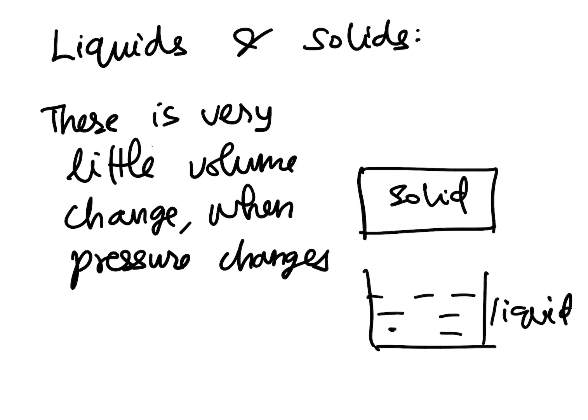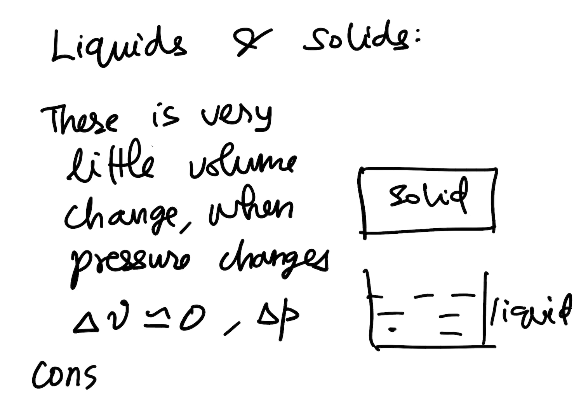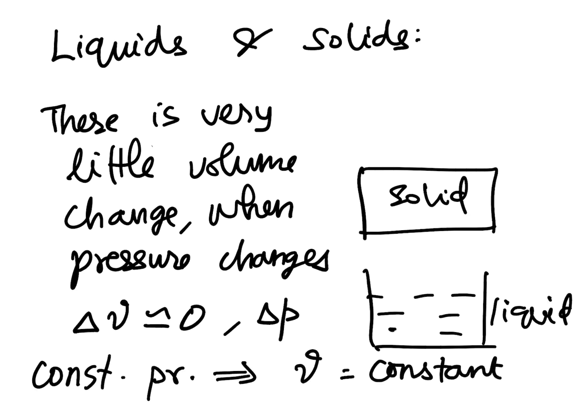That is, these are usually incompressible. It's very hard to compress a liquid or a solid, so the change in volume is almost zero when the pressure changes. Or in other words, if you have constant pressure, it also sometimes implies constant volume, which means Cp and Cv are approximately equal, and we just call it the specific heat.